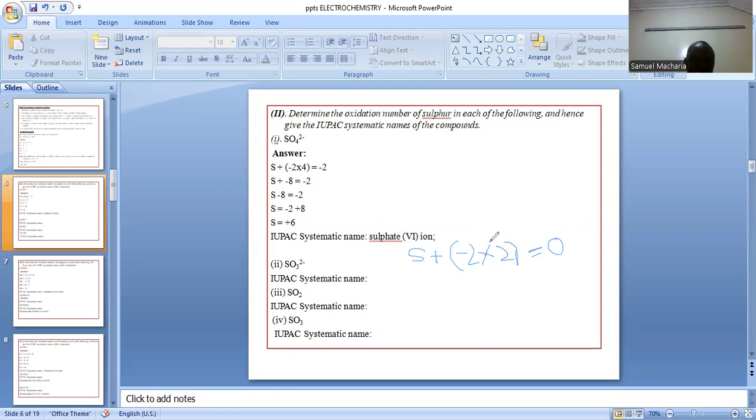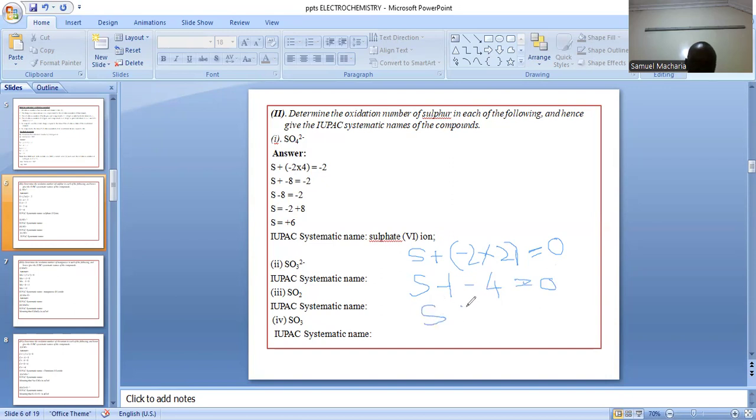Then, like the other one, -2 times 2 is -4, so it's S plus -4 equals 0. So meaning this one becomes -4. When you take it to the other side, it becomes positive.